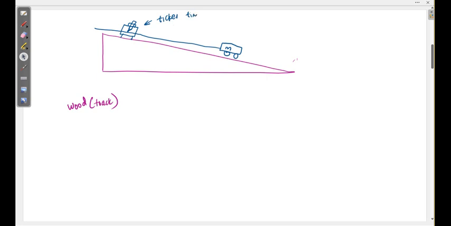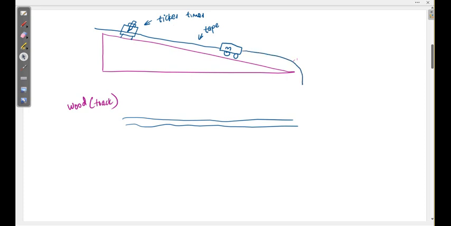The tape could be just a strip of paper. Then the trolley itself is going to be connected to some masses that will be pulling the trolley down.